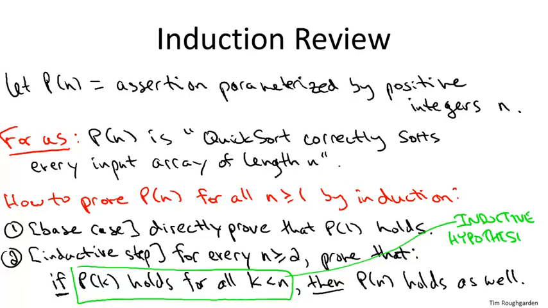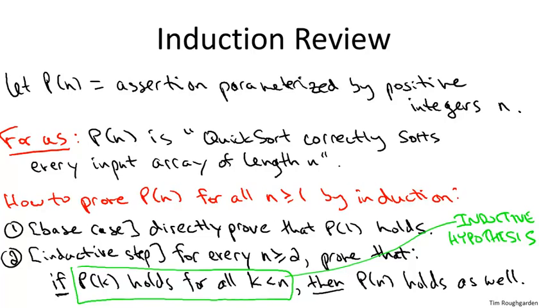So if you manage to complete both of these steps, if you prove both the base case that P of 1 holds, you argue that directly, and then also you argue that assuming the inductive hypothesis that the assertion holds for all smaller integers, it also holds for an arbitrary integer n, then you're done. Then in fact, you have proven that the assertion P of n holds for every single positive integer n. Right?